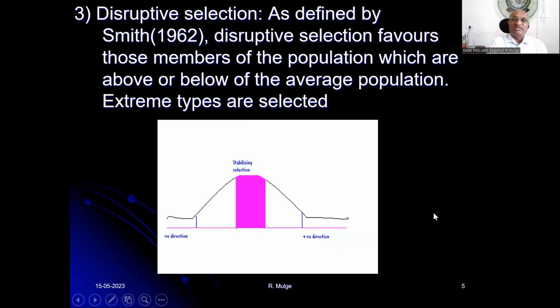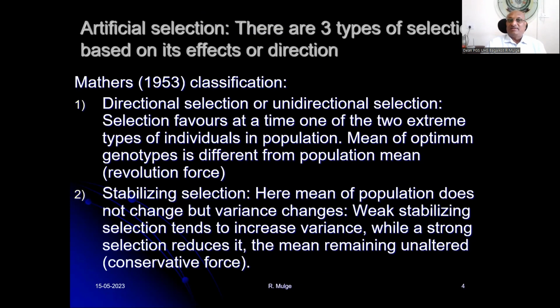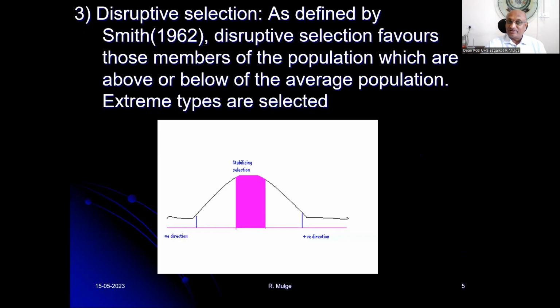So there is one more selection type, right? You have got directional or unidirectional selection, then stabilizing selection, you understood. Then you have got a third method, disruptive selection, as defined by Smith 1962.